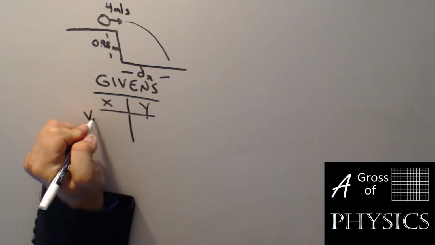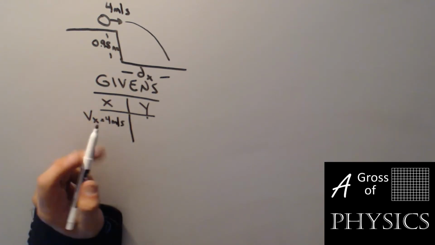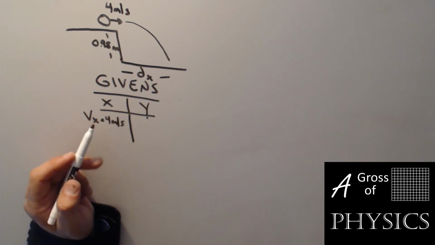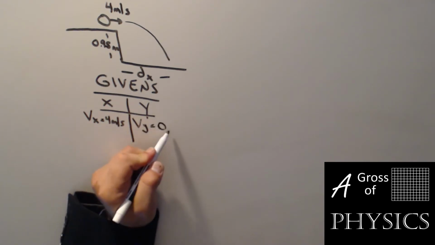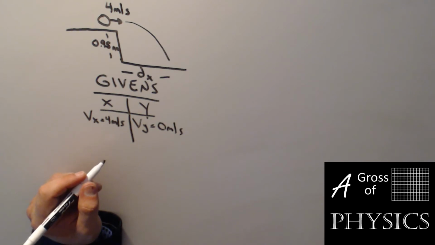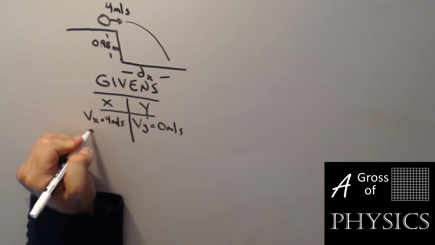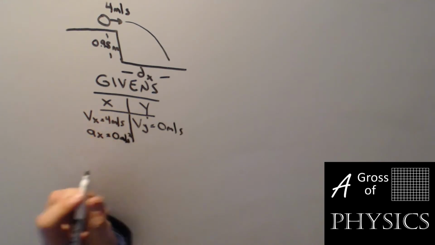For example, the 4. The v in the x, that's your 4 meters per second. And if all of the motion is sideways, that means there's none left over for the y. So it's actually 0. Now the second variable we typically look at is the acceleration. There's no sideways gravity, so we say that's 0 meters per second squared.